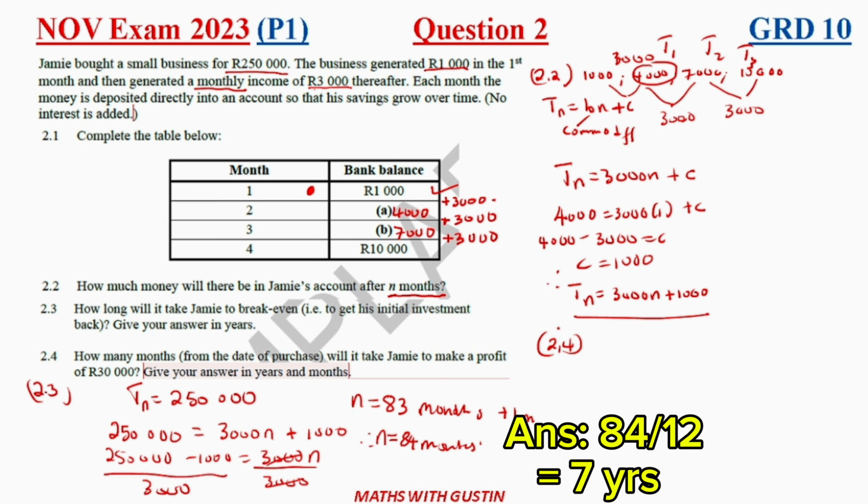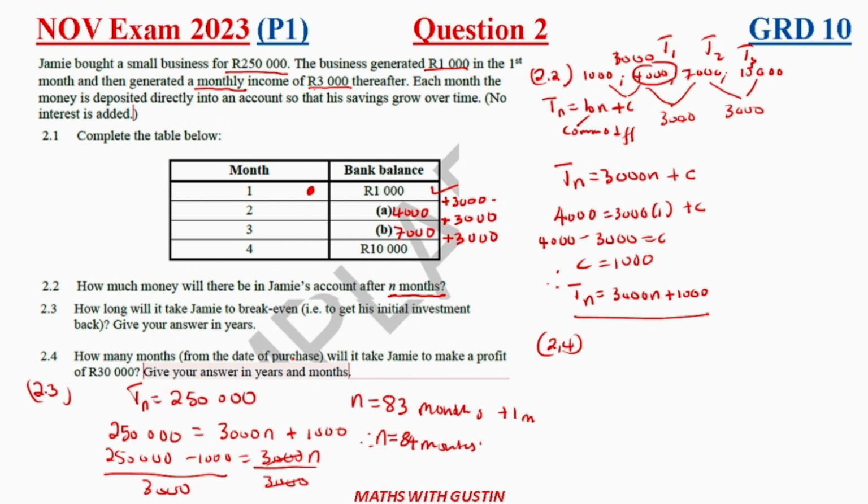2.4 says here, how many months from the date of the purchase will it take for Jamie to make a profit of 30,000? Okay, so now it means initially, remember initially he paid 250. So if he makes a profit of 30,000, you need to add this profit here, because remember the previous question was to break even. So now he's making a profit, he's no longer breaking even.